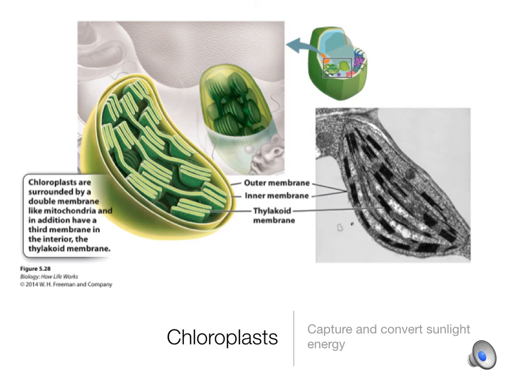But in addition to that, you also have a very important and very developed network of a third membrane. This is called the thylakoid membrane. So basically here in a chloroplast you have the thylakoid membrane internally, you have the inner membrane surrounding it, and the outer membrane surrounding the inner membrane.